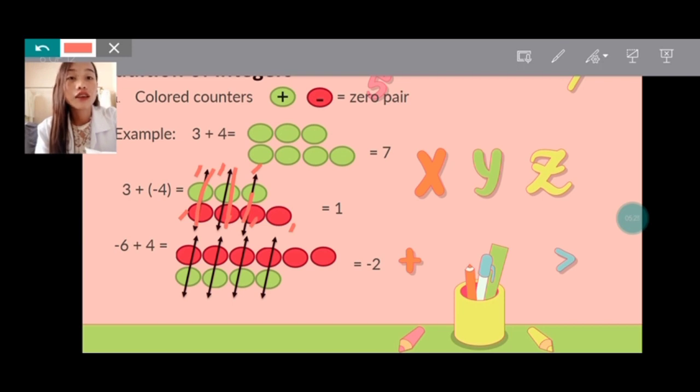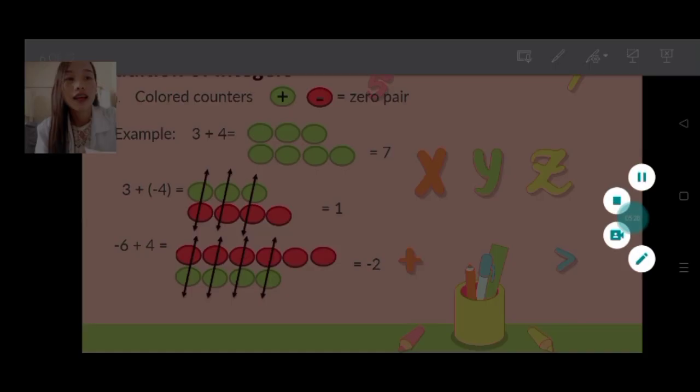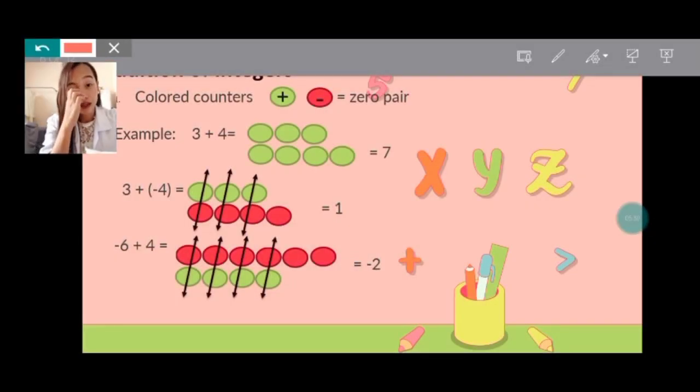Another example. We have negative 6 plus positive 4. We have 6 red circles: 1, 2, 3, 4, 5, 6, and then 4 green: 1, 2, 3, 4.